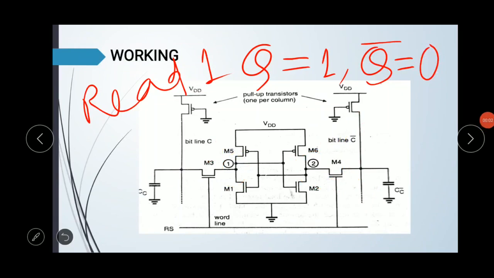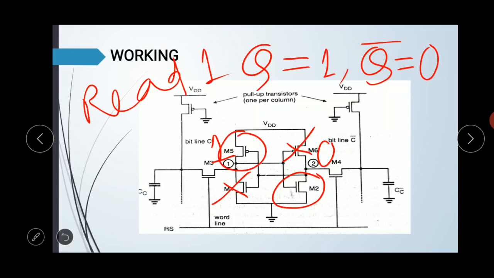So for read one operation, this point is 1 and this point value is 0. Because of the one value, M1 is turned on and M6 is turned off, and the Q bar point is at 0 level. Because of that, M1 is turned off and M5 is turned on.